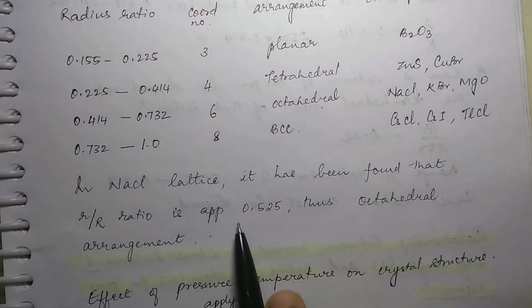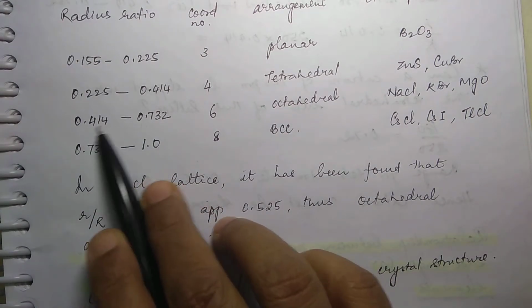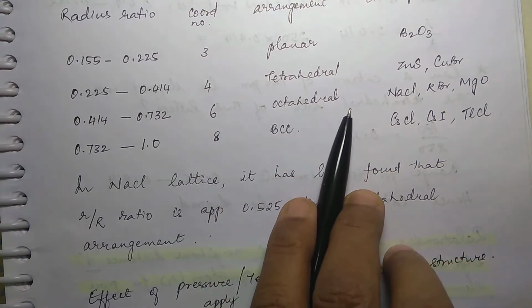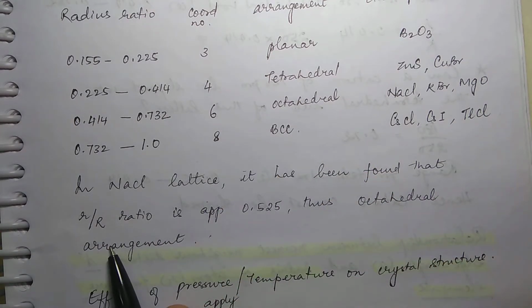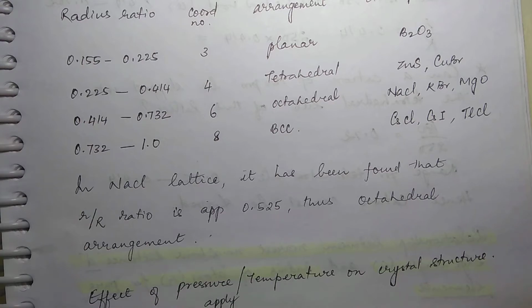In which range is it falling? It is falling in the range corresponding to coordination number 6, that means octahedral void. So radius ratio indicates what kind of void is occupied in the lattice structure.